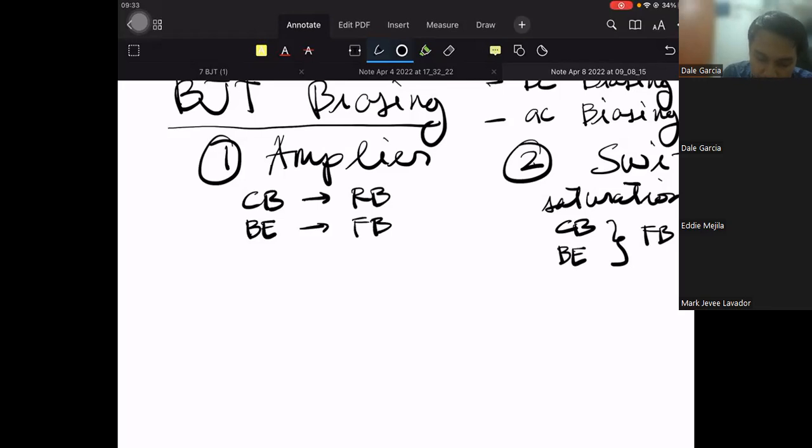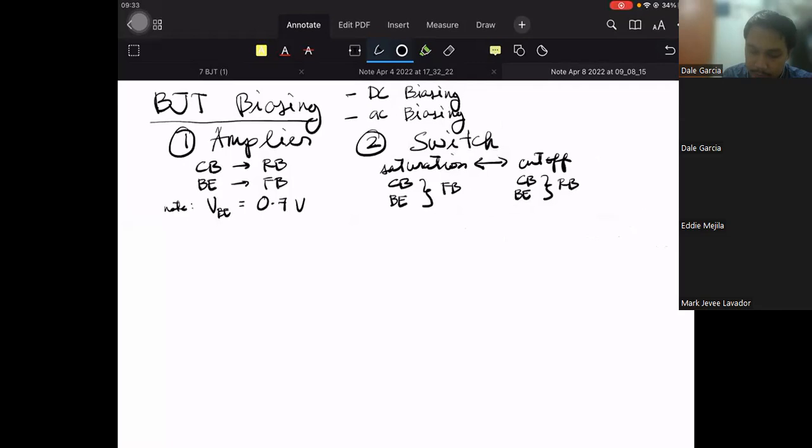And remember that the base-emitter voltage for a BJT in this operation is 0.7 volts. You should have that memorized.